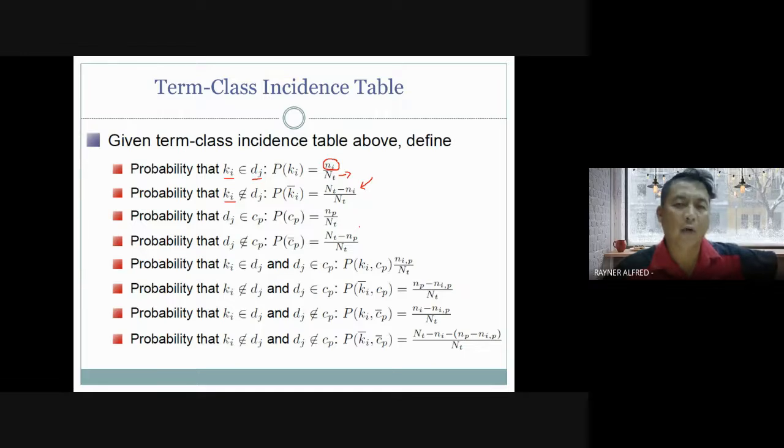So quite straightforward. Okay, the probability that a document belongs to the positive class, we get the number of positive divided by the total number of documents that we have. This is not belonging, so we are subtracting the class P from the total number of documents that we have and so on.